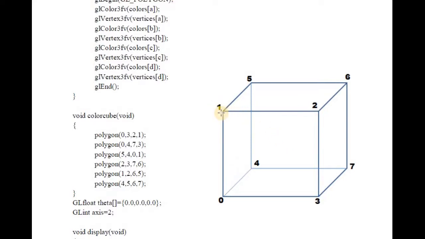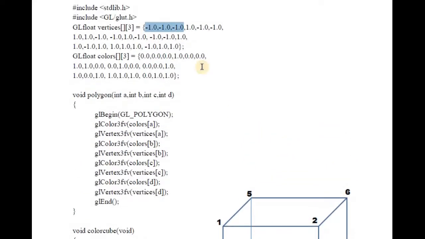Let us take this now. The center point is here. Since left x is negative, up y is positive, front z is negative, it would be -1, 1, -1. So let's check which point this is.